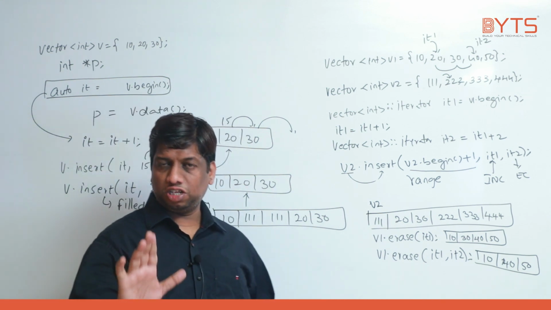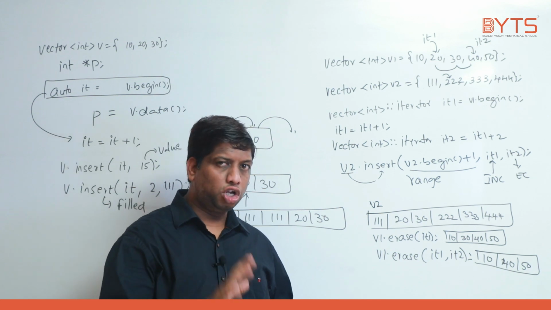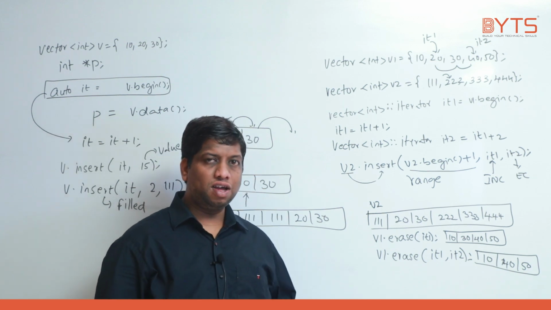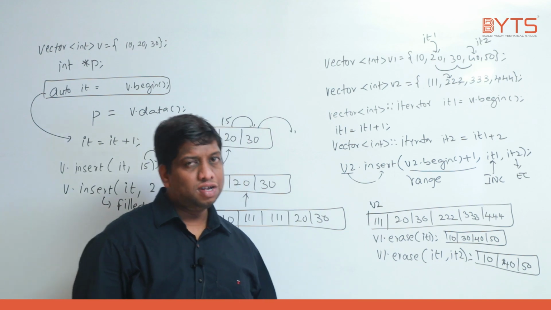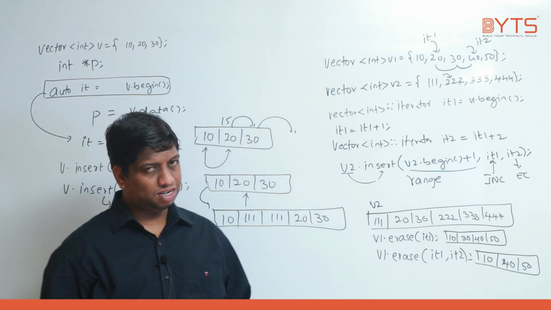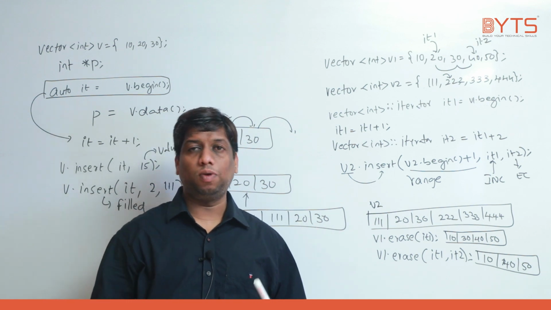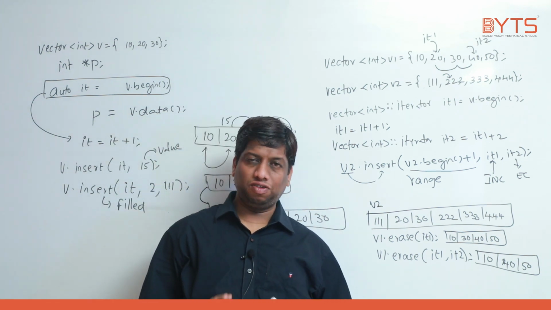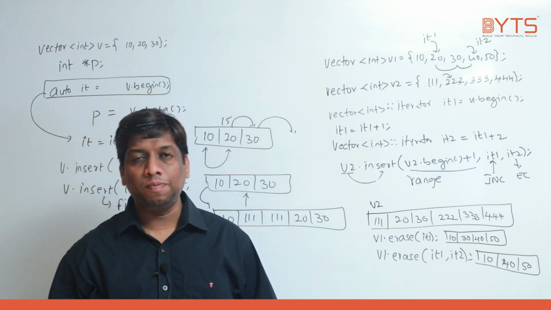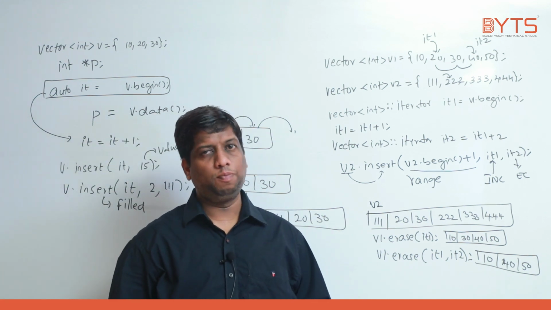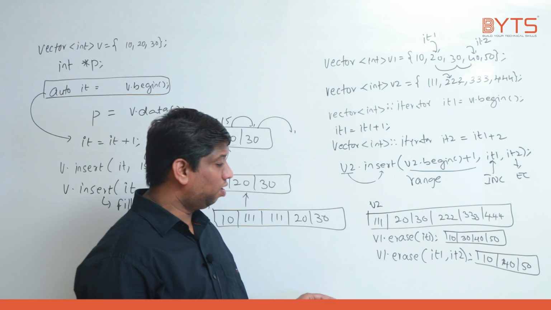The only difference between vector and DQ is in the vector we can insert elements at the back, whereas in the DQ we can insert elements at the front and back. Rest all are same. Another important point is there is a capacity function in the vector because the growing rate will become log n. That is another important point for you. I hope we covered all the functions, right?